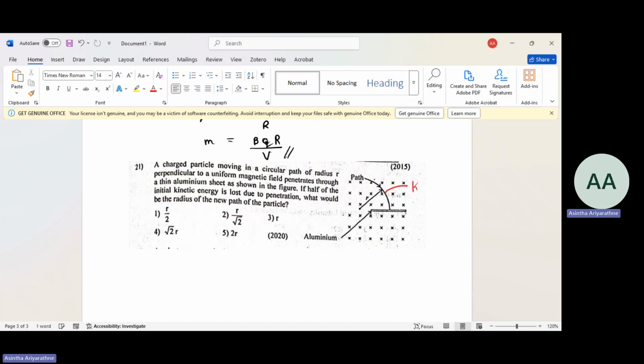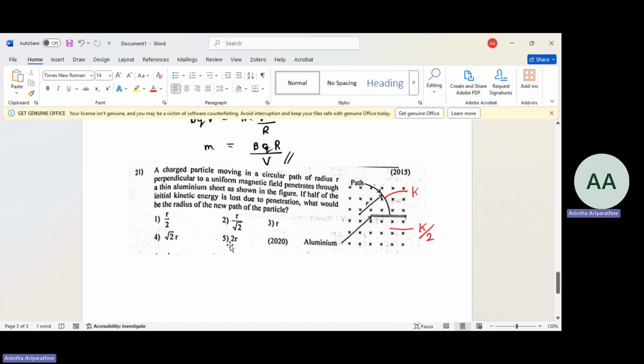So kinetic energy is K before penetrating the aluminium sheet. After going through the sheet, the kinetic energy is reduced by half, so K divided by 2. They ask what will be the radius of the path.